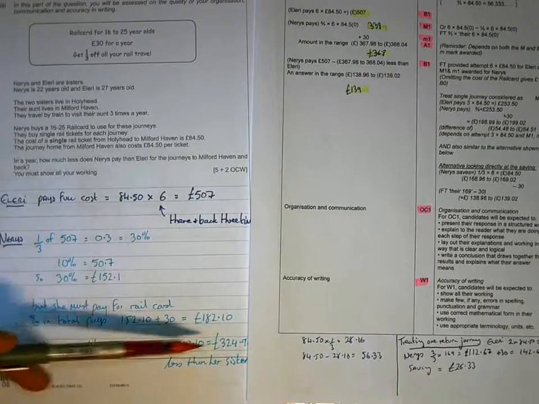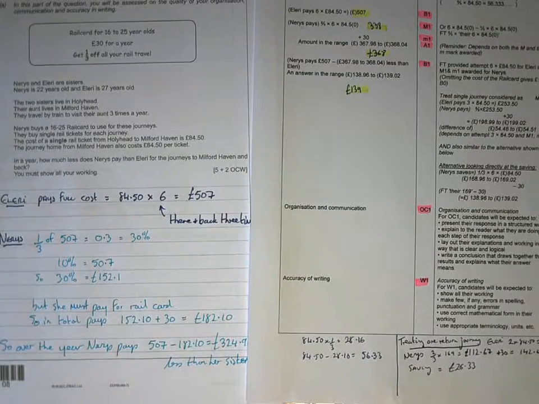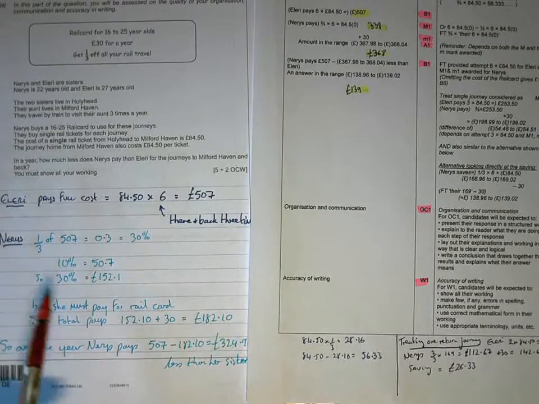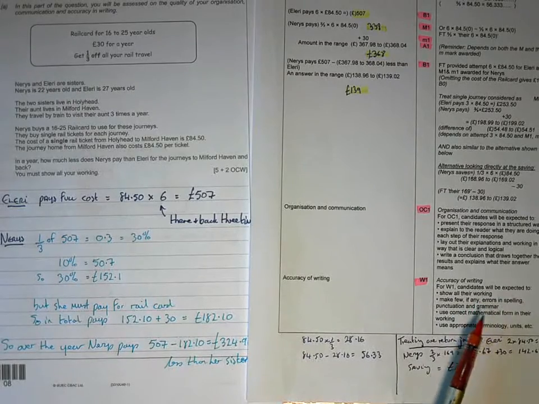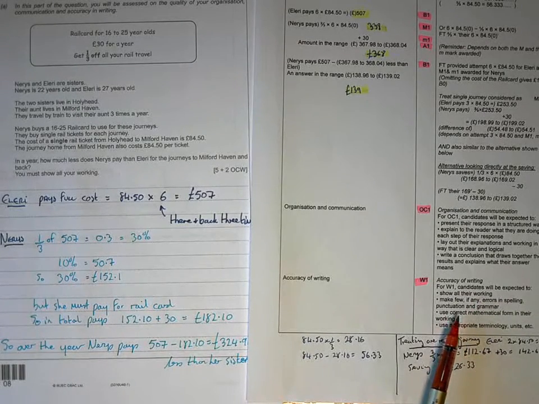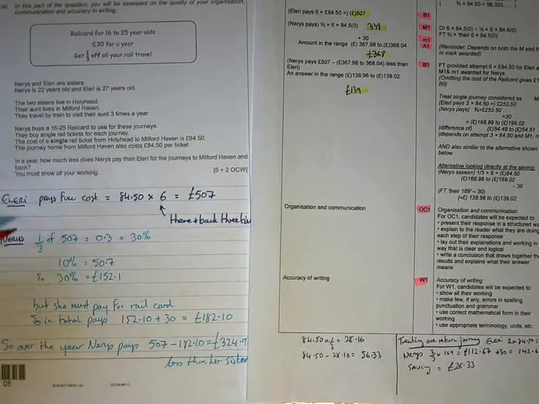The conclusion is that Neris pays 320 odd quid less than her sister. So this candidate, even though most of the maths is wrong, is going to get that organisation and communication mark. And with regards to the accuracy of the writing, they've shown all their working. There's no errors in spelling, punctuation and grammar. The mathematical form is correct in what they've done.